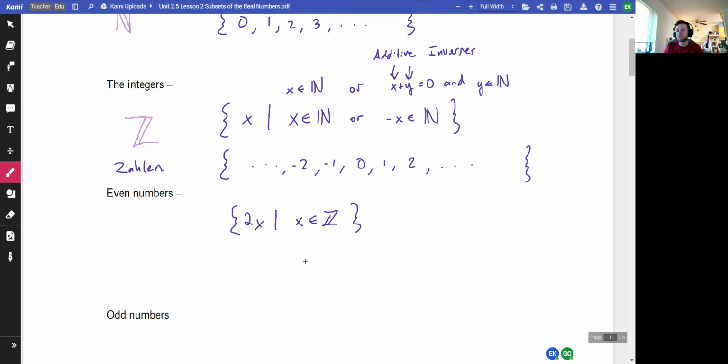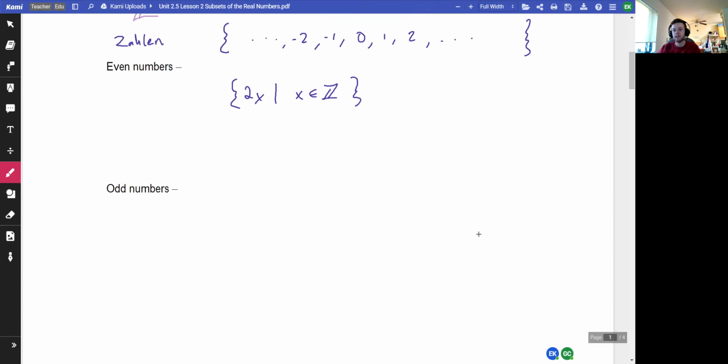Earlier, I said the natural numbers. I wanted to include 0. And here is why. I like plus signs more than minus signs. Can you define for us the odd numbers? Well, can we say that odd numbers are taking our even numbers and then adding 1 to it? Boom. So we get 2x plus 1, such that x is an integer.